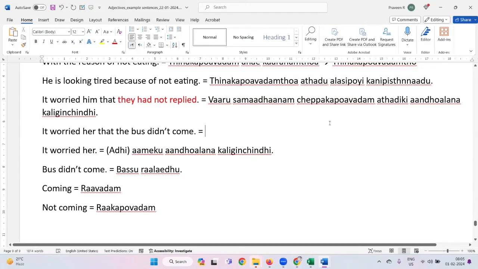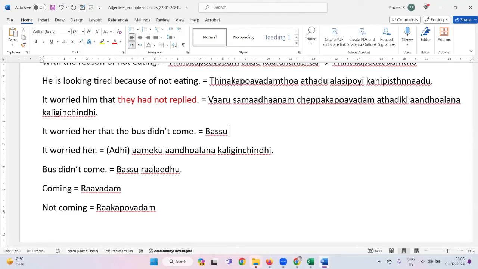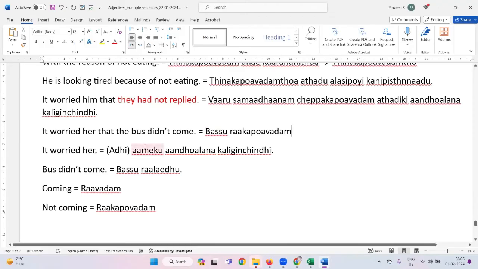Bassu రాకపోవడం. Perfect. బస్సు రాకపోవడం. Yes, perfect. ఆమెకు ఆందోళన కలిగించింది. Yes, కలిగించింది. Yeah, this is the meaning, Andy.